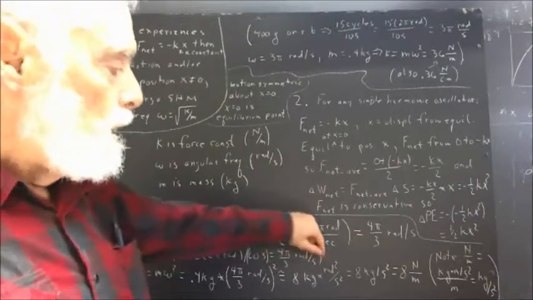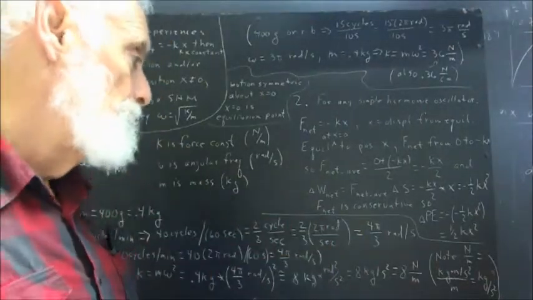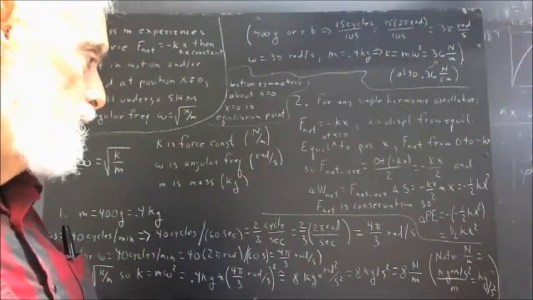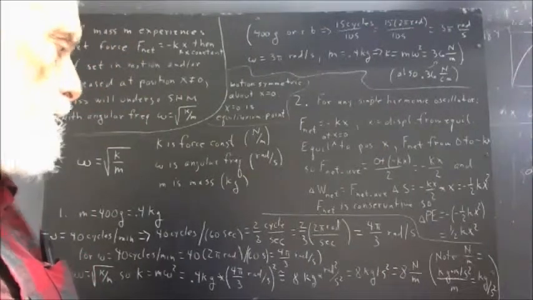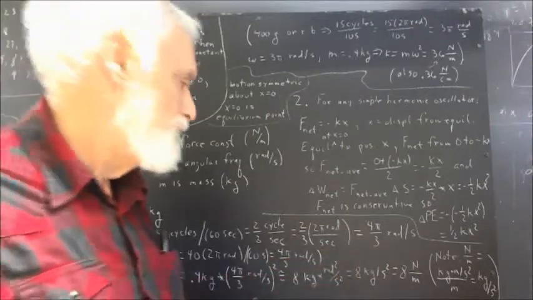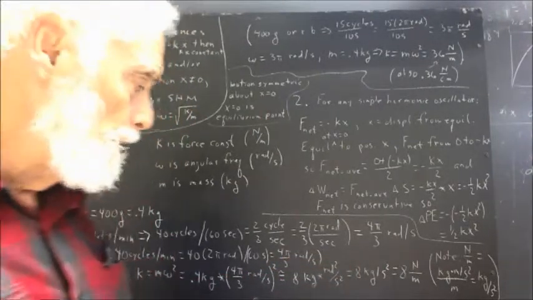So the radian can always disappear, in a sense, and give you a meter.